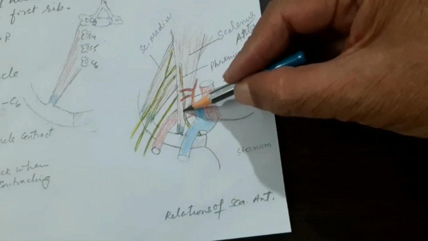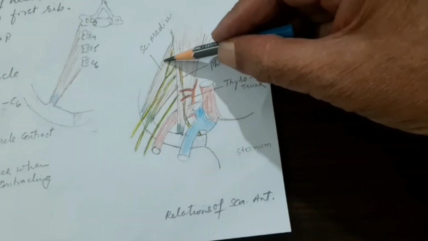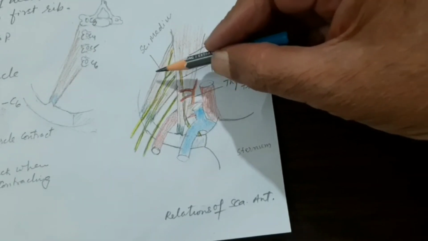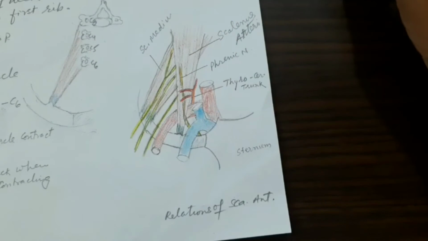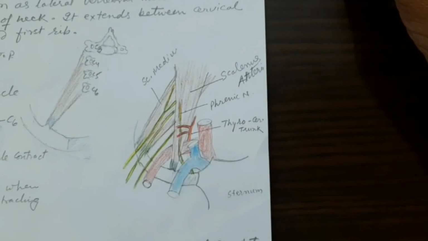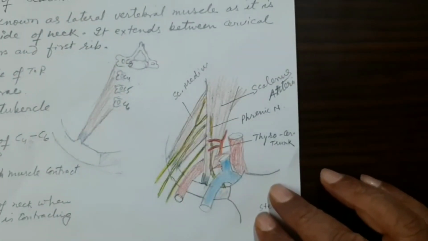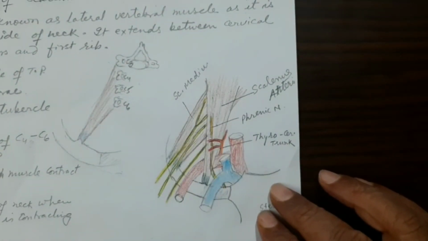Then more posterior to this, and above, the scalenus medius muscle will lie posterior. So these are the anterior and posterior relations of the scalenus anterior muscle.